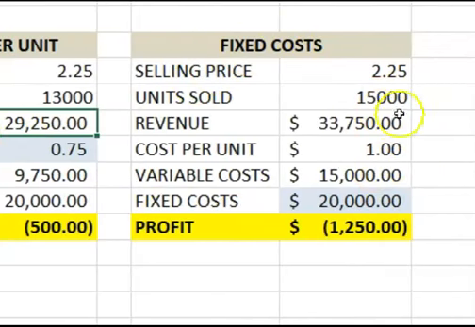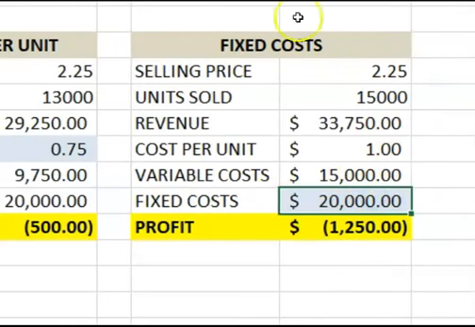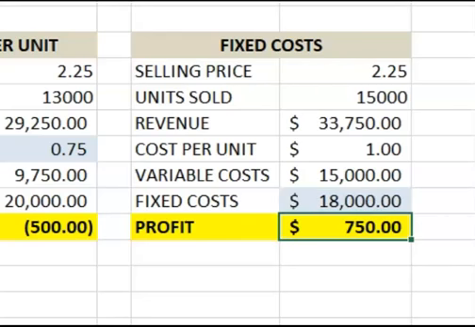Fixed cost. I'm going to reduce my fixed costs. I'm going to stop doing some advertising that I've been doing, and I'm going to reduce my fixed cost to 18,000, say. And there, we're still making some profit.